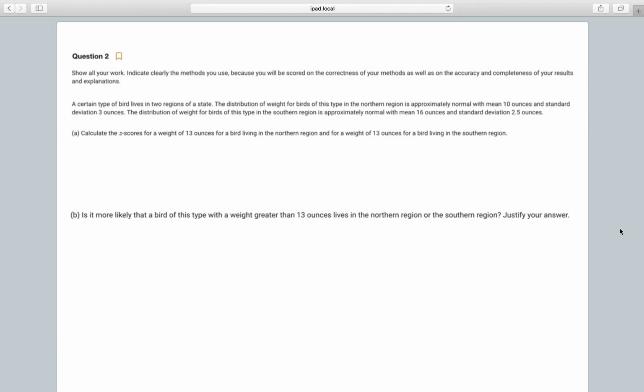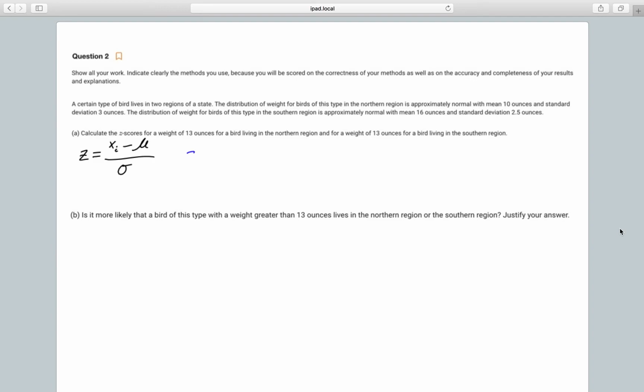So we just want to remember that the formula for finding a z-score is, we take the mean minus, sorry, it's not what we do. We do data value minus the mean divided by the standard deviation.